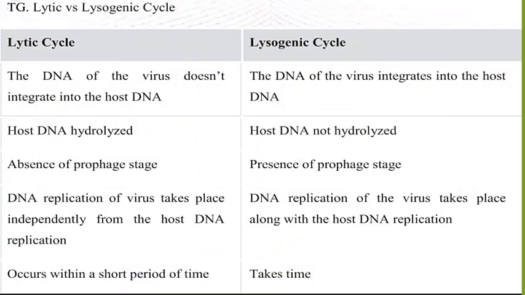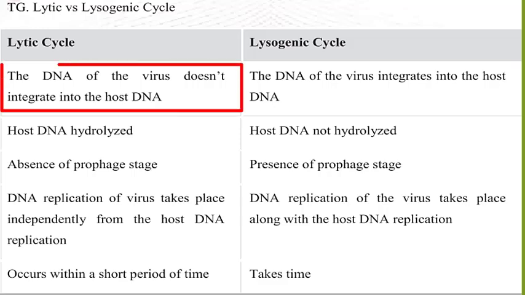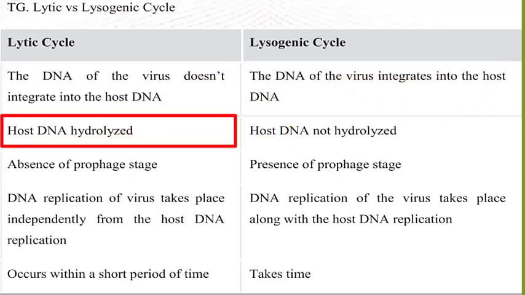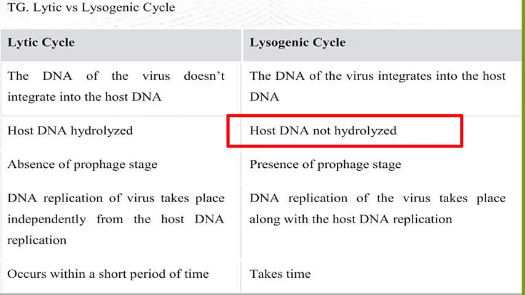Okay, let's compare the lytic cycle with the lysogenic cycle. In the lytic cycle, the DNA of the virus does not integrate into the host DNA, but in the lysogenic cycle, the DNA of the virus integrates into the host DNA. In the lytic cycle, host DNA is hydrolyzed, but in the lysogenic cycle, host DNA is not hydrolyzed.